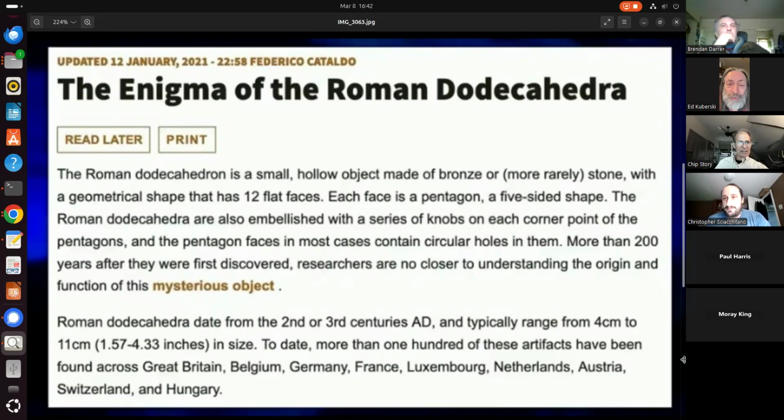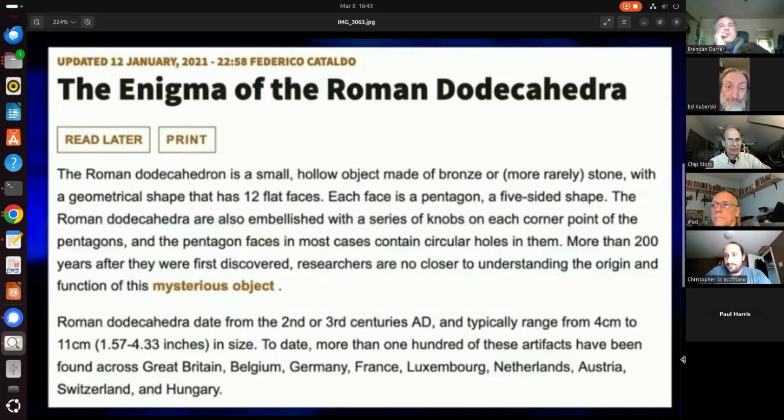So here is a short note on the enigma of the Roman dodecahedra. A Roman dodecahedron is a small hollow object made of bronze, more rarely stone, with a geometrical shape that has 12 flat faces. Each face is a pentagon, a five-sided shape. The Roman dodecahedra are also embellished with a series of knobs on each corner point of the pentagons, and the pentagon faces in most cases contain circular holes in them.